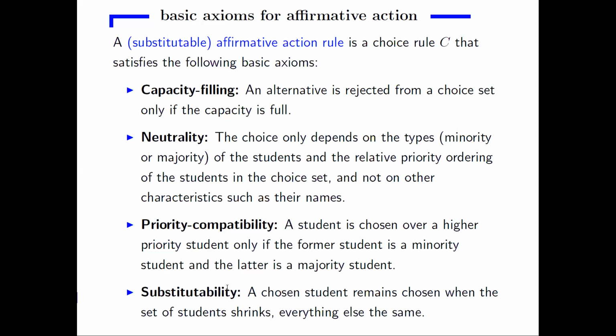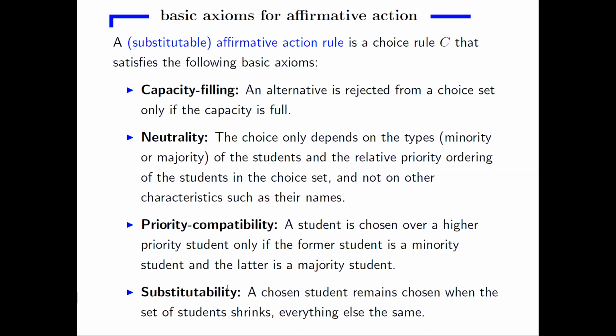This is the familiar Sen's alpha condition, weak axiom condition, IIA condition, independence of irrelevant alternatives condition from the choice theory. In the context of mechanism design, for some historical reasons, it is referred to as substitutability.